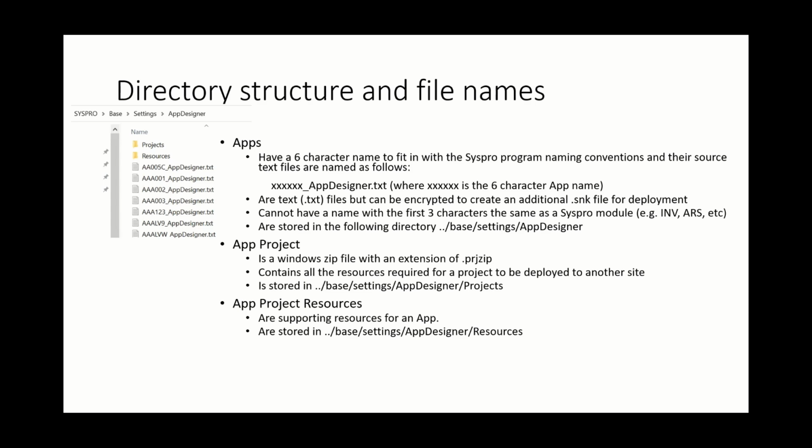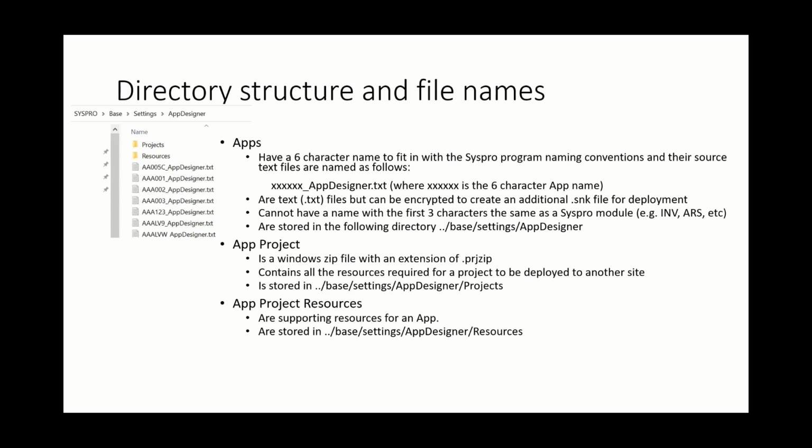There is an option within the application details tab for encrypting this txt file to create an additional .snk file, which would be used for deployment, and we'll be discussing that a little bit in a short while. Also remember that you cannot have a name for an application that starts with the same 3 characters as a standard Syspro module.